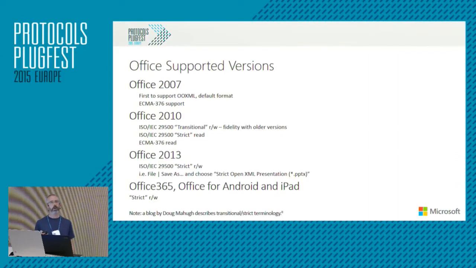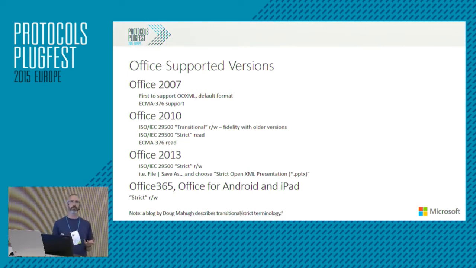The supported file format versions for the standard for Office OpenXML are listed here. This talks mainly about the transitional versus strict support. The transitional was for migration purposes.